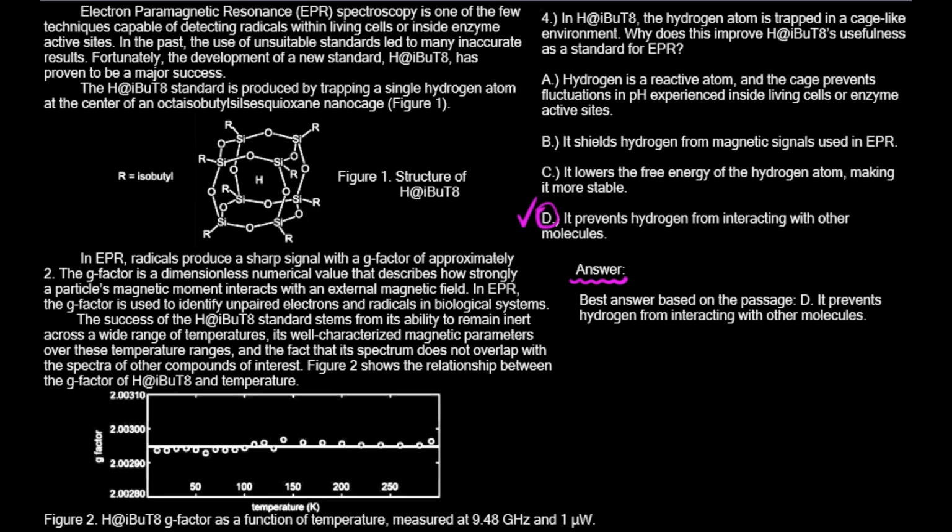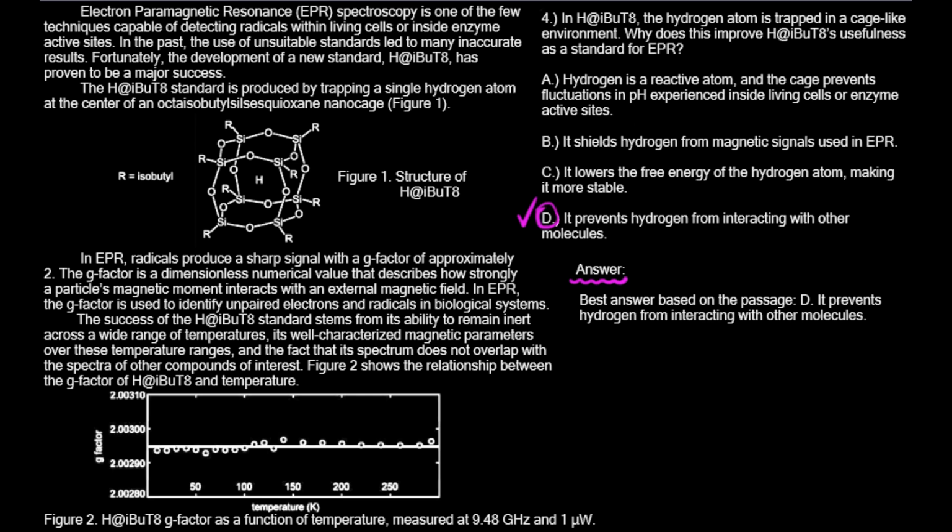Answer choice C says it lowers the free energy of the hydrogen. The passage does not mention anything about the stability of hydrogen. So remember, the standard works because it keeps the hydrogen isolated, giving a consistent, reliable signal every time. The correct answer to number 4 is answer choice D.